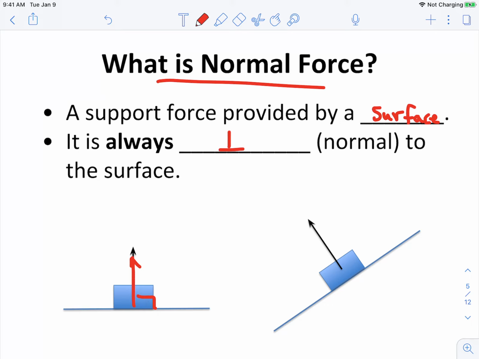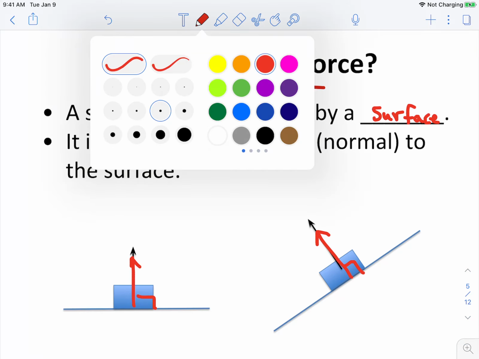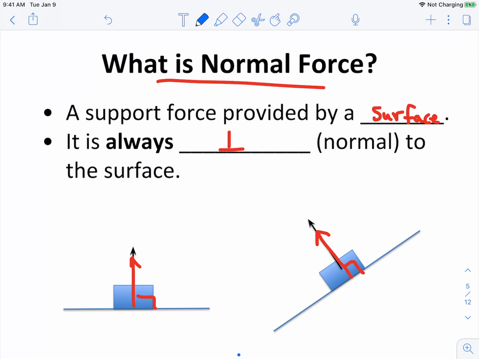And here you have the surface on an angle, but notice that the normal force is still perpendicular to that. I also want to point out the weight force is always pointing straight down to the center of Earth, so that stays the same. Your normal force is the thing that turns or twists with your surface depending on where your surface is.